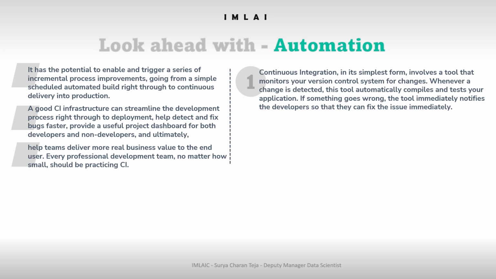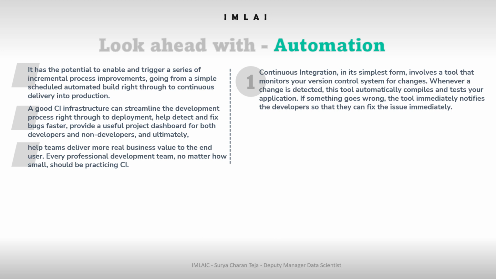Continuous integration, in its simplest form, involves a tool that monitors your version control system for changes. Whenever a change is detected, the tool automatically compiles and tests your application.